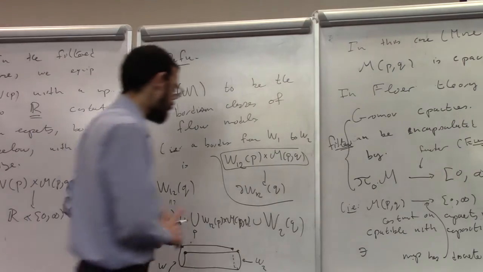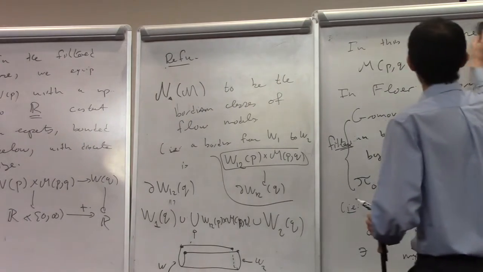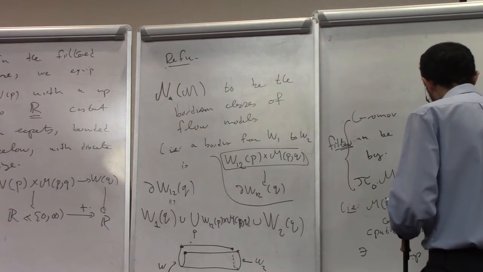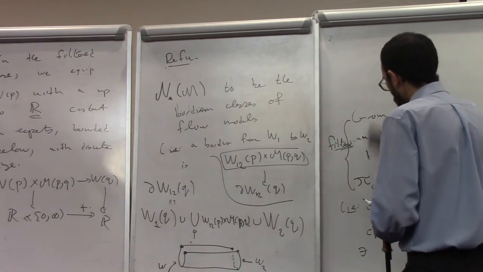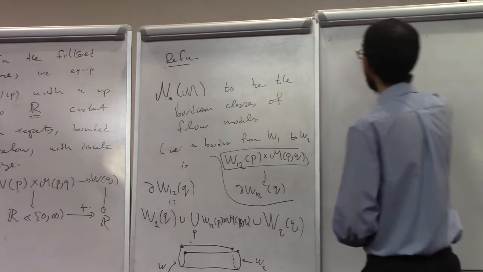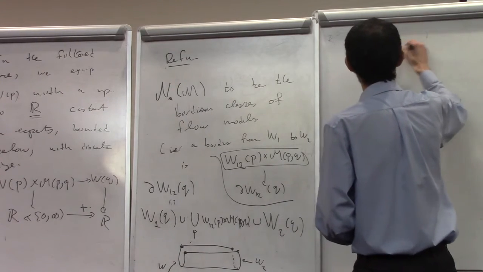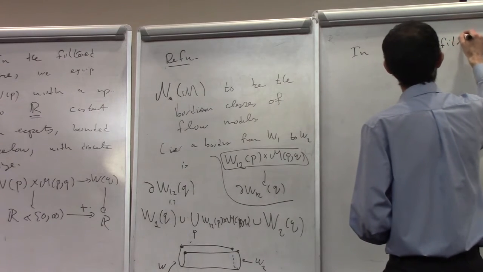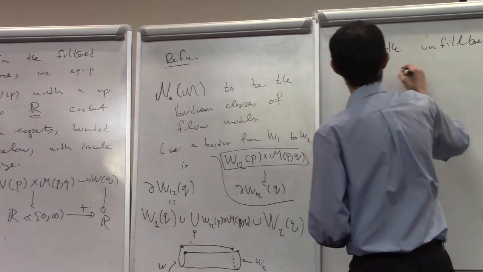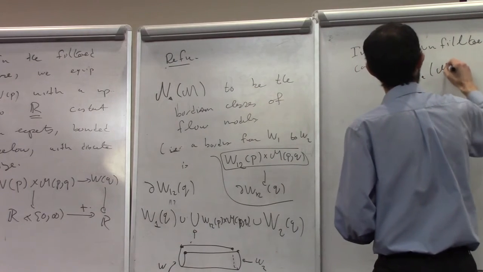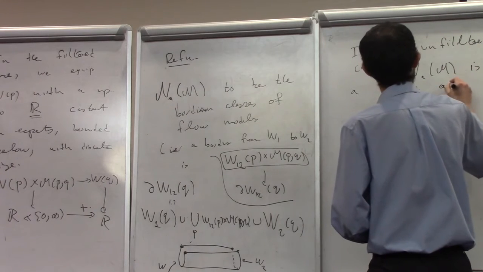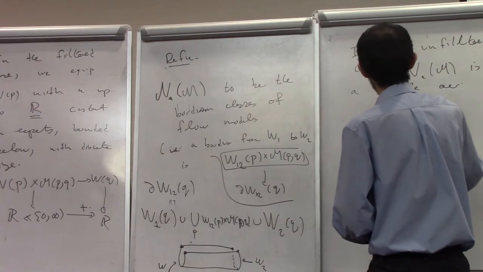So I want to point out some obvious facts. The first obvious fact is that in the unfiltered case, this thing is a module over the unoriented bordism of a point.